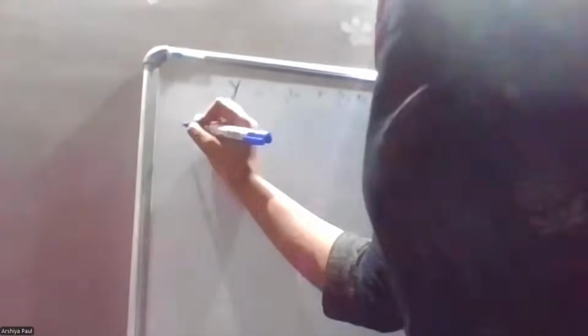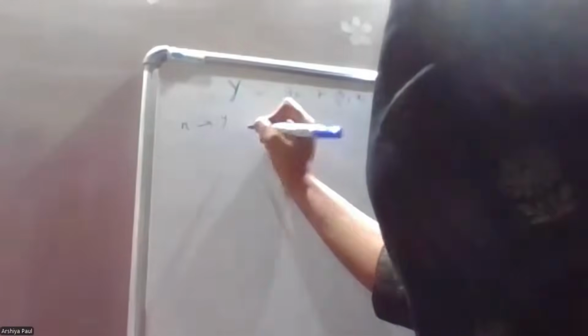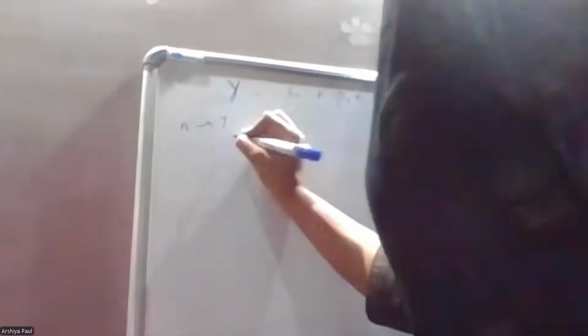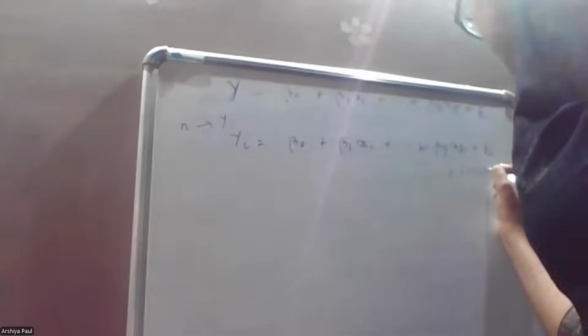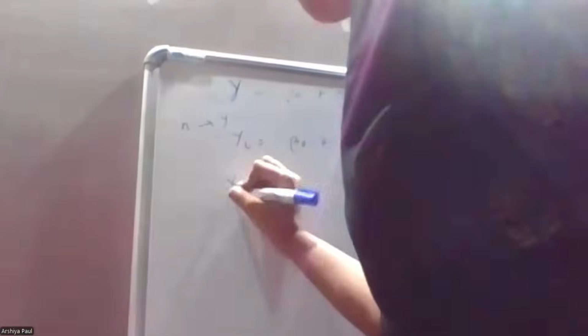So I had mentioned this, right? Let's say I have taken n observations on y, and n observations on each of the x1, x2, x3 as well. So I can write this in matrix form.